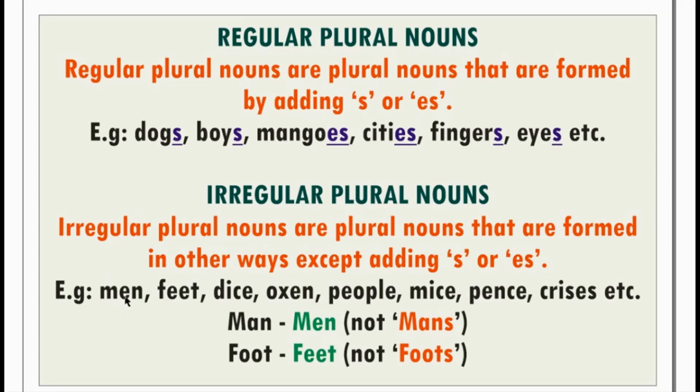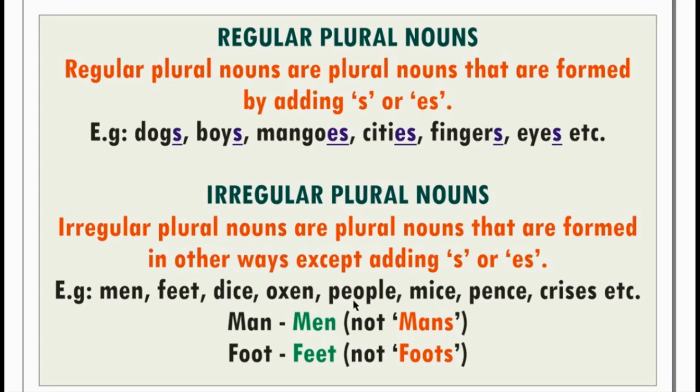The singular is man, M-A-N, but the plural is men, M-E-N. Here we have feet. The singular is foot, while the plural is feet. Here we have dice. The singular is die, while the plural is dice. Here we have oxen. The singular is just ox, while the plural is oxen. Here people. The singular is person, while the plural is people.